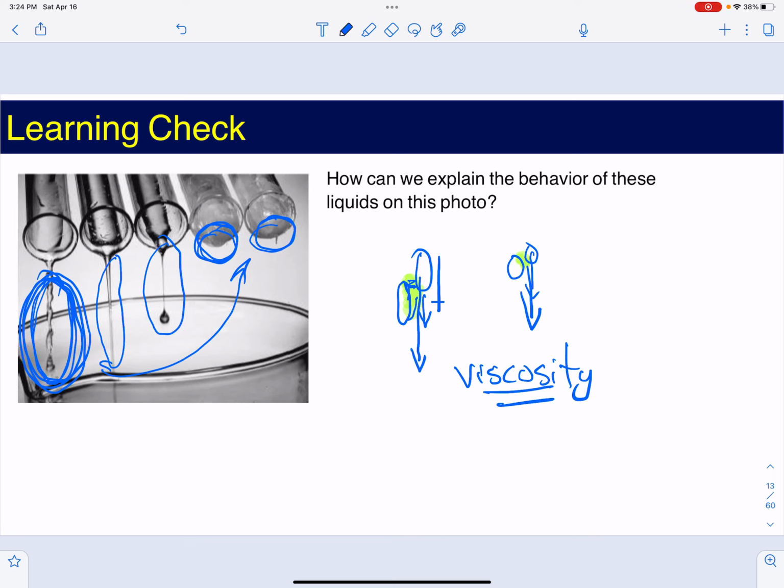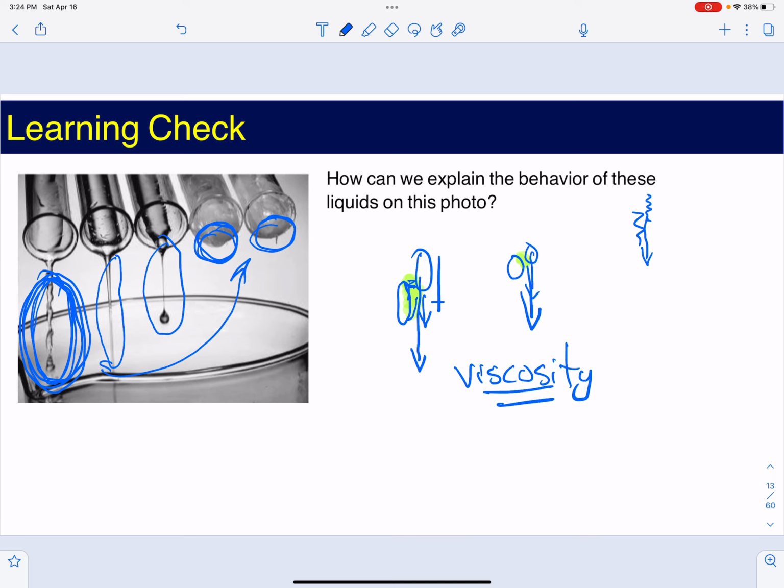Another thing that can affect viscosity is the size of the molecule. For example, imagine I have a molecule that is like this, and there's another molecule that is like that, and it's trying to flow by. Intermolecular forces will hold it.